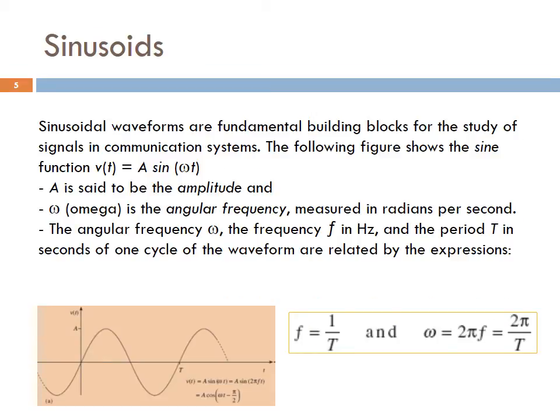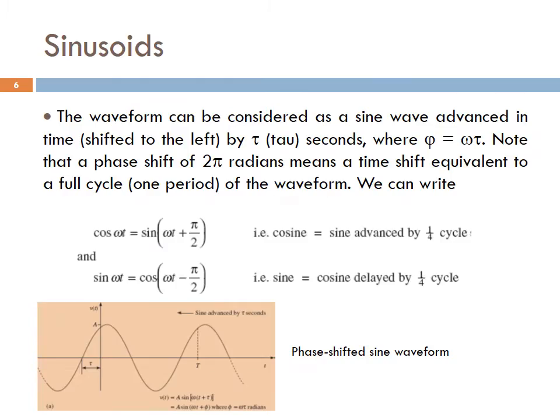Sinusoidal waveforms are fundamental building blocks for the study of signals in communication systems. A sinusoidal signal could be represented as a sine or cosine function, and it's a periodical function that is characterized by an amplitude, a frequency, and a phase.